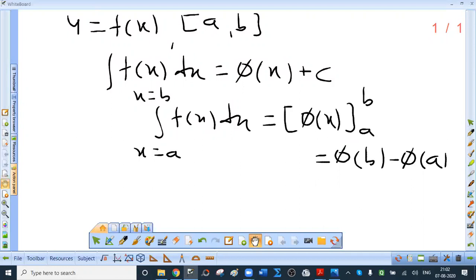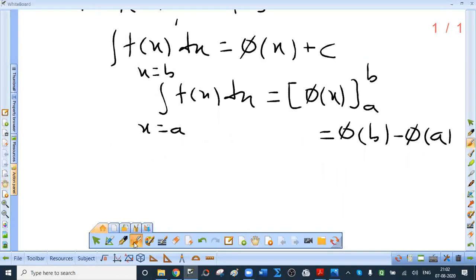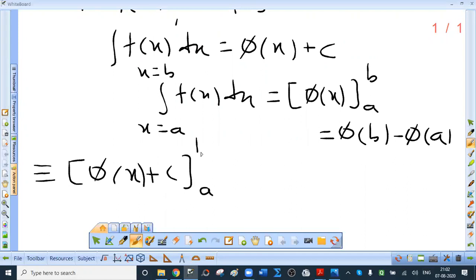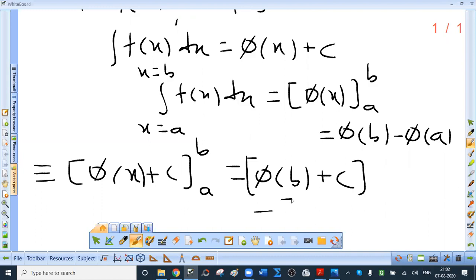See, this is very simple. Suppose we consider phi of x plus c, where x goes from a to b. First we replace every x by b, so it is phi of b plus c, minus, now we replace every x by a, so phi of a plus c, as it is.